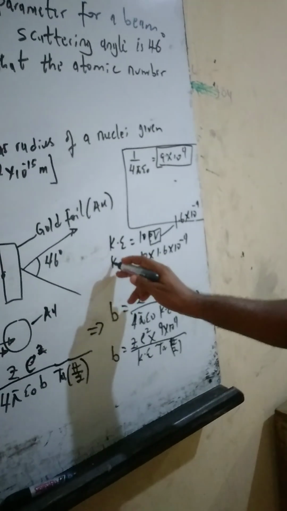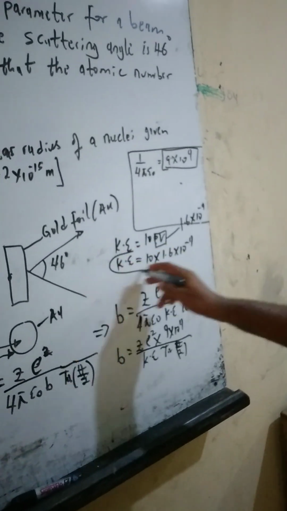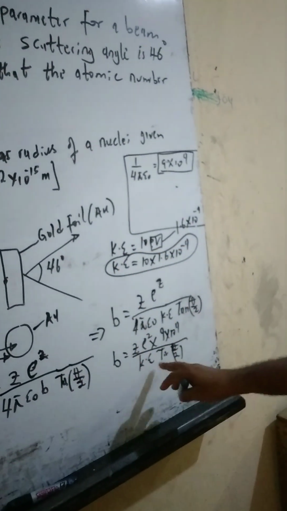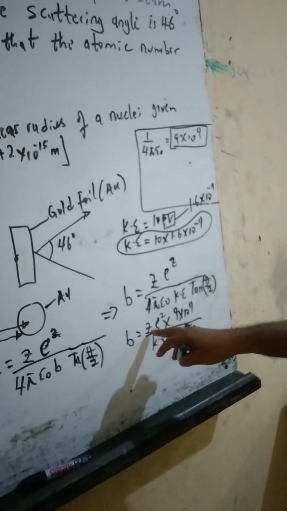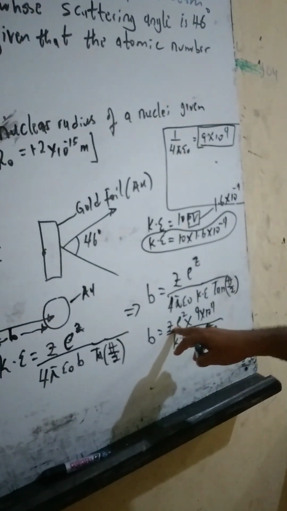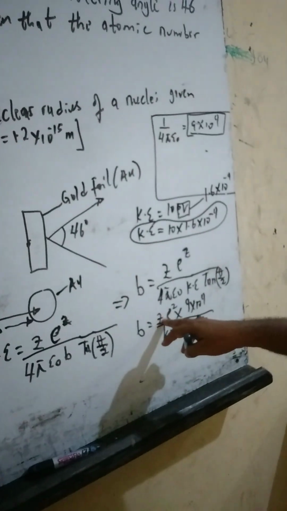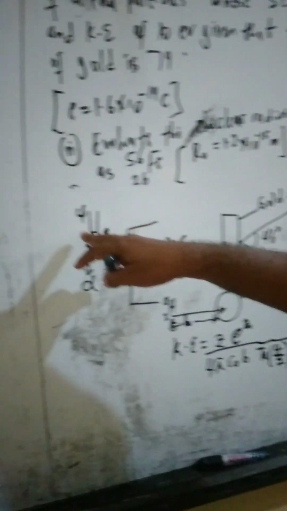So I'm going to substitute each of the parameters that I've obtained into this equation. The atomic number of helium is 2, so I'll put it there.